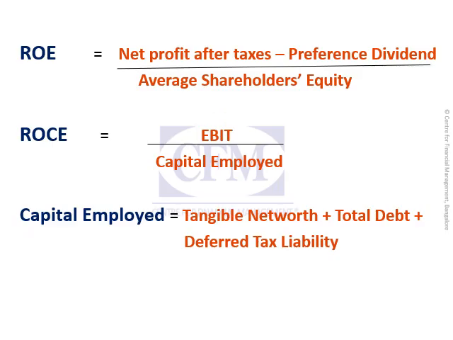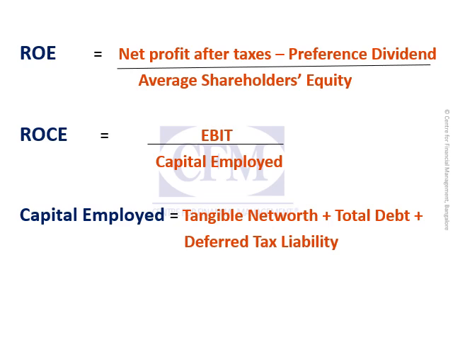Before we look into the key financial ratios of Hindustan Unilever, it is essential that we understand the definition of ROE, return on equity, and ROCE, return on capital employed, as prescribed by the accounting standards of ICAI. ROE is net profit after taxes minus preference dividend divided by average shareholders' equity.